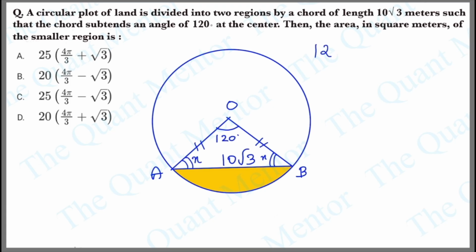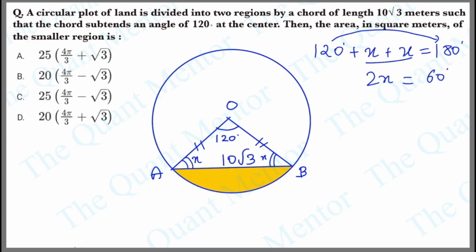So angle AOB, which is 120 degrees, plus angle OAB, which we have taken as x, and angle OBA also as x. The sum of these three angles is going to be 180 degrees. So I will get x plus x, 2x is equal to 180 minus 120, or 60 degrees. And that gives me x is equal to 30 degrees. So we have found the base angle OAB as 30 degrees.